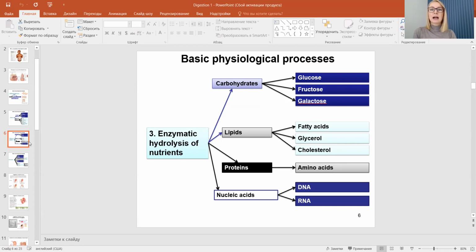So the simplest carbohydrates are the simple sugars or monosaccharides such as glucose, fructose, and galactose, very few of which are normally found in the diet. Most ingested carbohydrate is in the form of polysaccharides, which consist of chains of interconnected glucose molecules. The most common polysaccharide consumed is starch derived from plant sources.